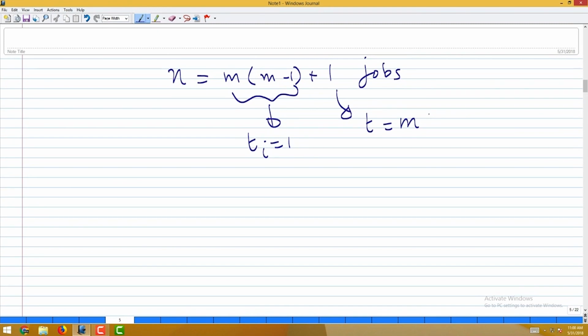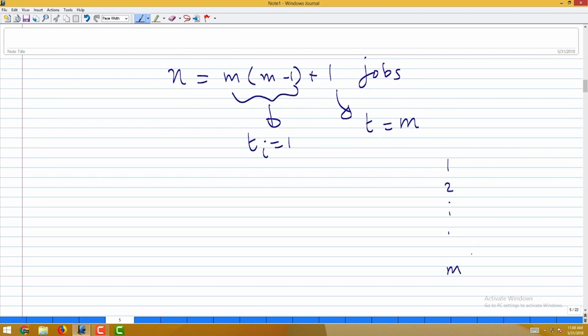So, there are roughly about m square jobs coming in, and we have to assign them to these m machines. All of these jobs take 1 unit of time, and this one alone takes m units of time. Let us see what the greedy algorithm will do.